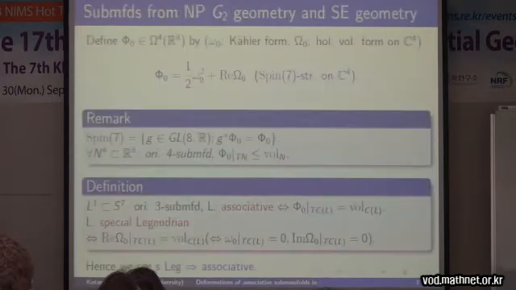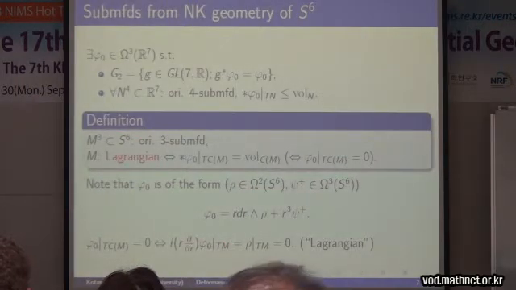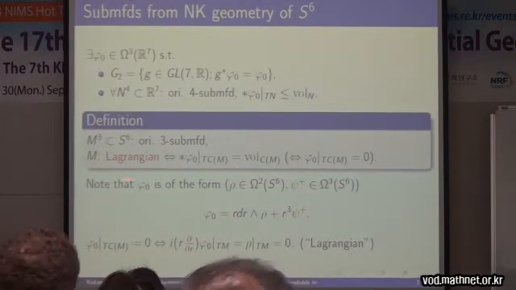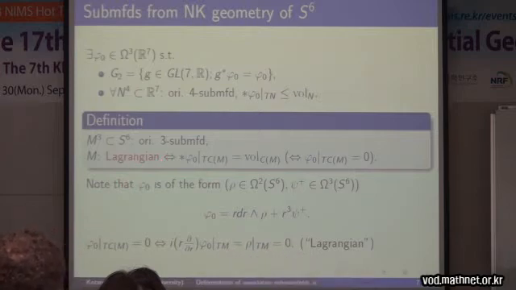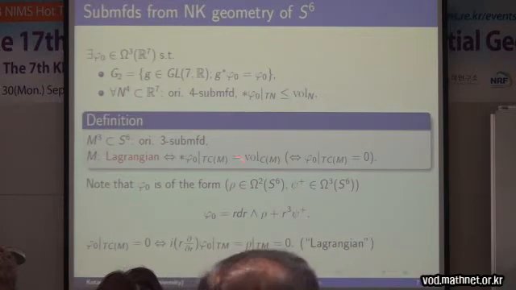So this is the same property as capital phi 0. And by using this phi 0, we can define Lagrangian submanifolds. Namely, let M3 in S6 be an oriented 3-submanifold.